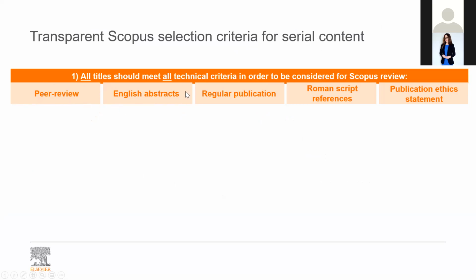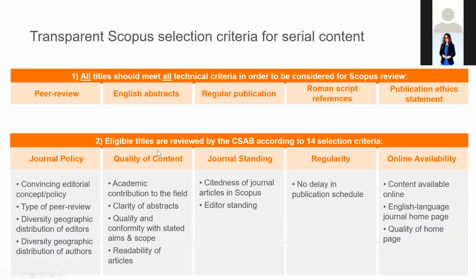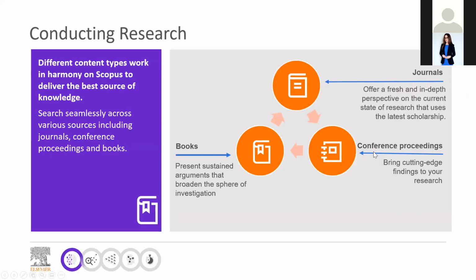It has to have English abstracts, regular publication, Roman script references, and a publication ethics statement. This is the minimum criteria that we ask of all the journals in Scopus. And then these are the criteria that are checked by the Content Selection Advisory Board. We are checking the journal policy, quality of content, journal standing, regularity, and online availability. So these are the criteria.